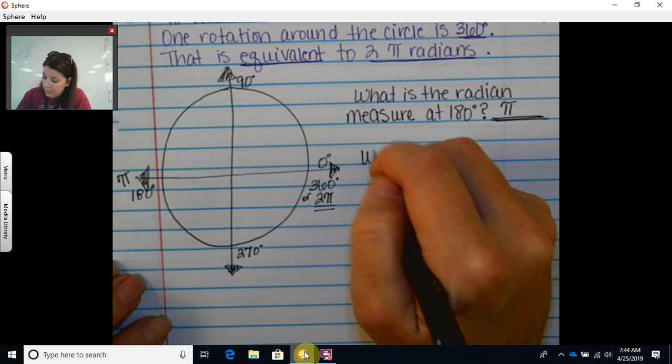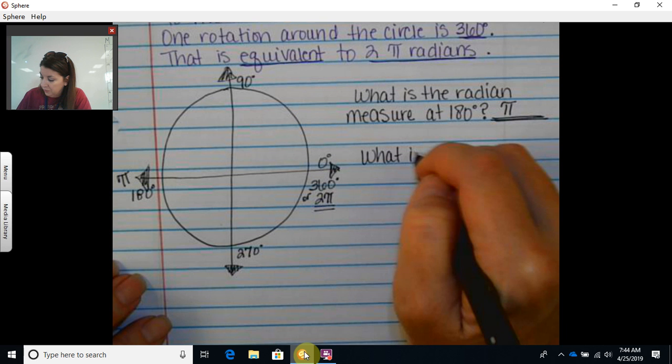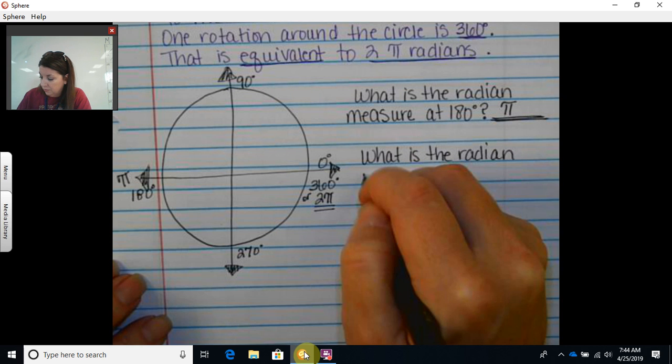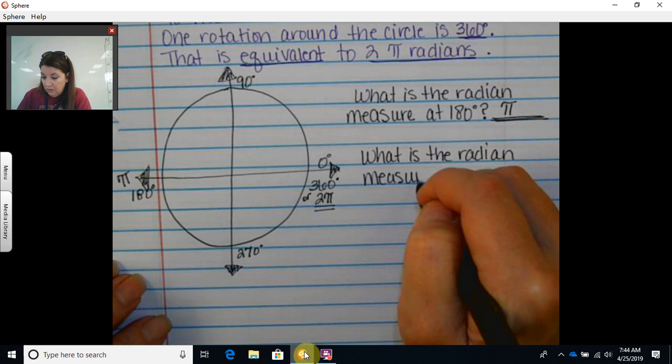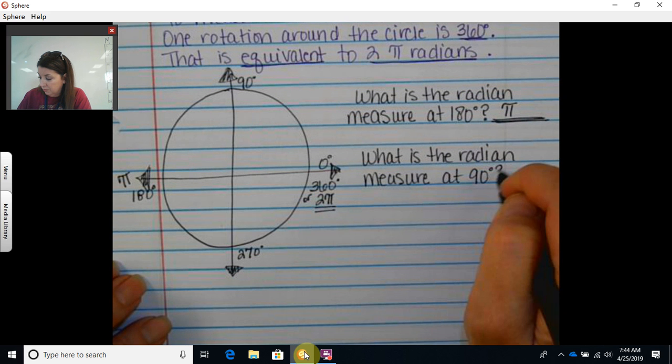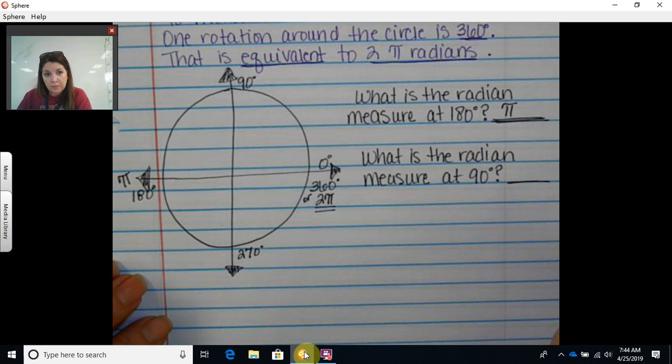What is the radian measure at 90 degrees? Any ideas?